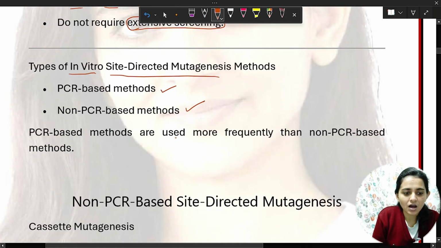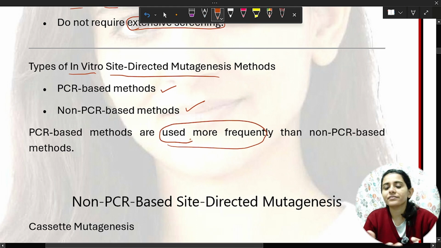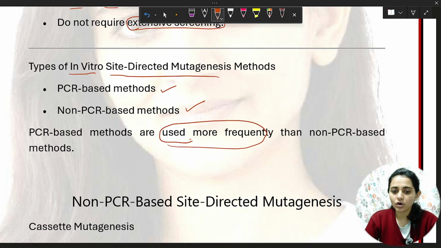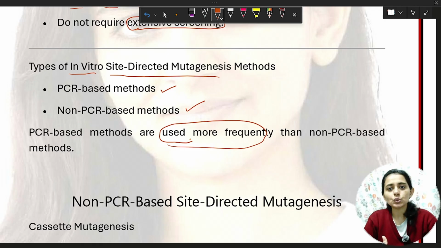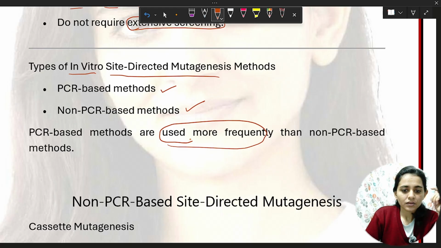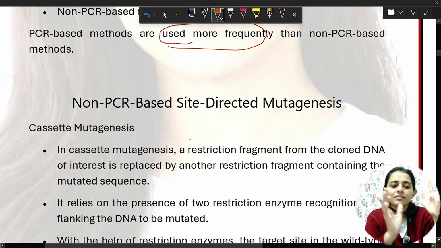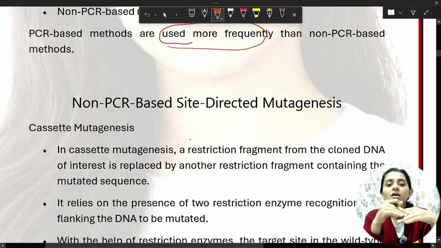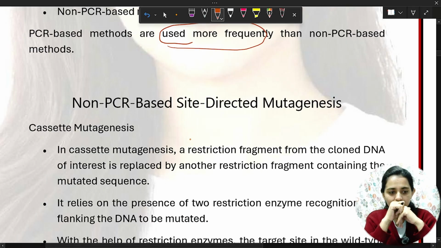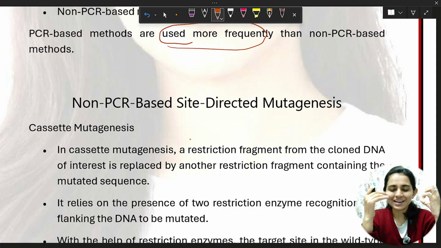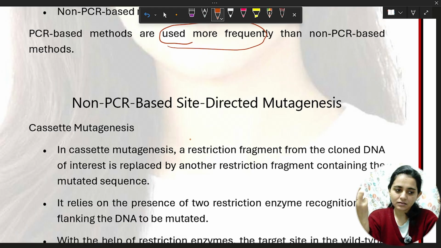PCR based is more frequent, a more efficient technique or method to do site-specific mutagenesis than the non-PCR based. But we will discuss how the non-PCR based site-directed mutagenesis is done.